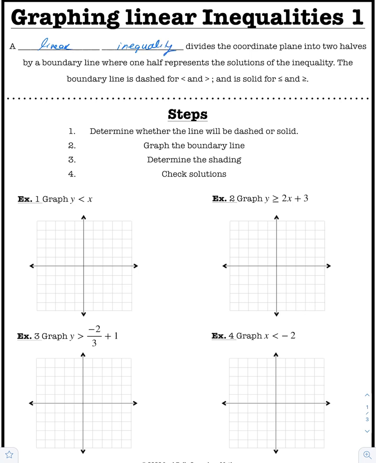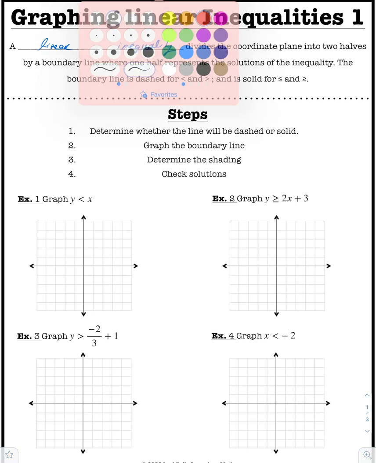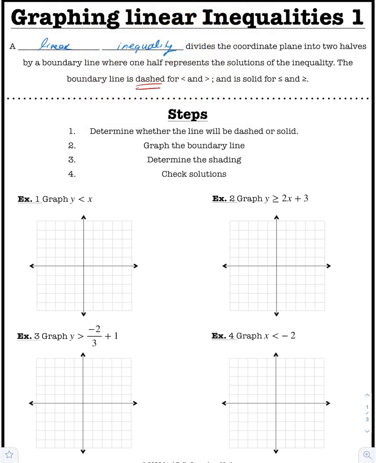Note, a linear inequality divides the coordinate plane into two halves by what we call a boundary line, where one half represents the solutions of the inequality. The boundary line can be dashed, and is dashed for less than or greater than symbols.